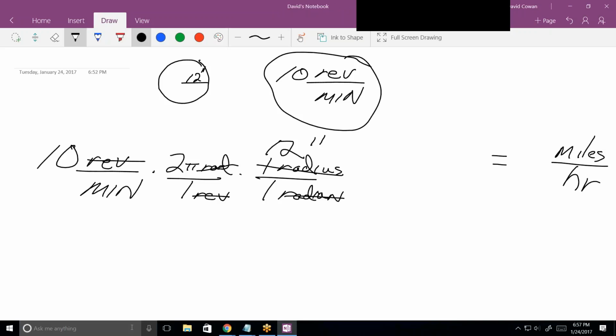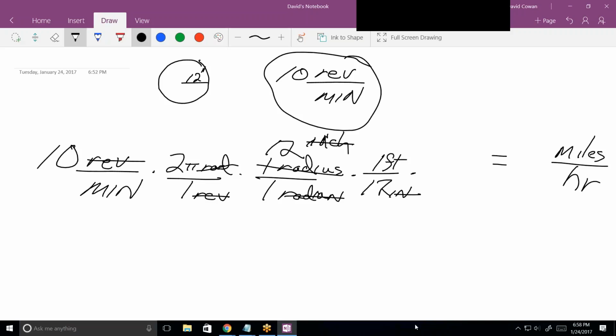Now, at least right now I'm in inches per minute. Well, it's easy enough to convert inches to miles. I've got 1 foot per 12 inches. Again, it could be 12 inches per 1 foot, but it doesn't work if I do that here. I've got to have the 12 in the denominator. That gets rid of my inches. Now I've got feet in the numerator.